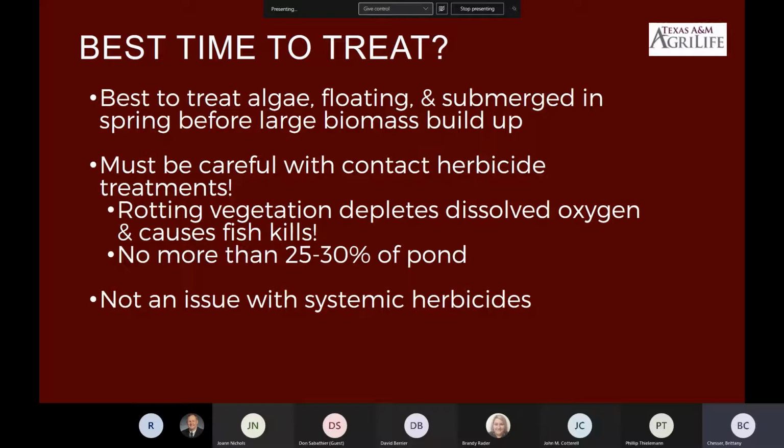Since systemic herbicides are translocated throughout the plant and are usually slower acting compared to contact herbicides, with plants dying slowly over time, they do not typically need to be applied in small sections like your contact herbicides, but you still need to be careful, especially when you're dealing with water temperatures over 88 degrees Fahrenheit.